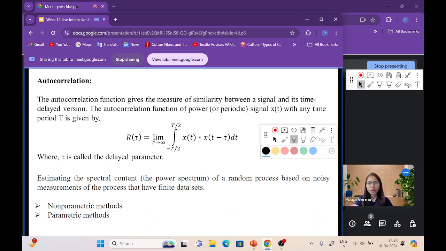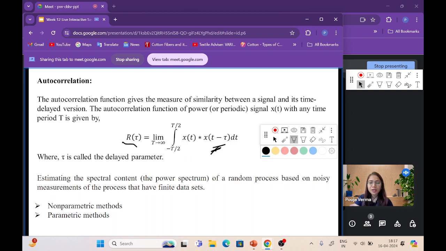The autocorrelation function of a power or periodic signal x of t with time period T is given by this expression: r of tau is equal to the limit T tends to infinity of the integral from minus T by 2 to T by 2 of x of t multiplied by x of t minus tau d tau, where tau is the time delay parameter. So autocorrelation is a measure of similarity between the signal and a shifted version of itself, the same signal.